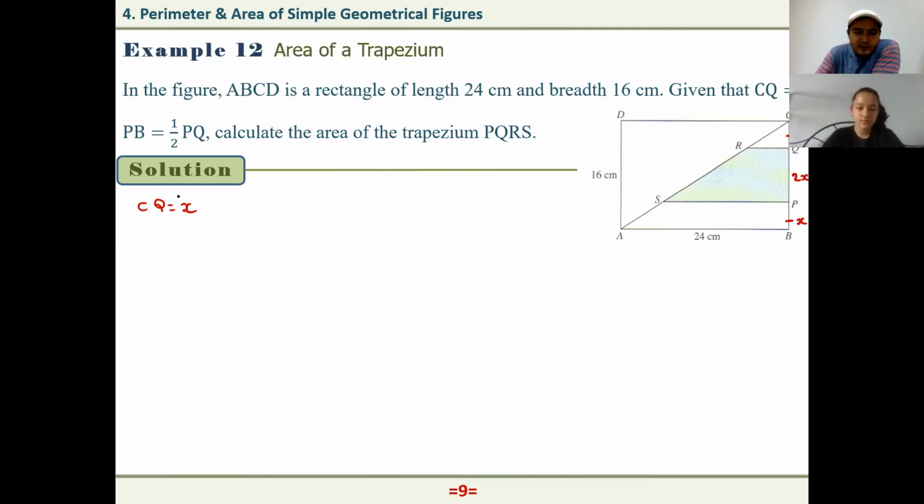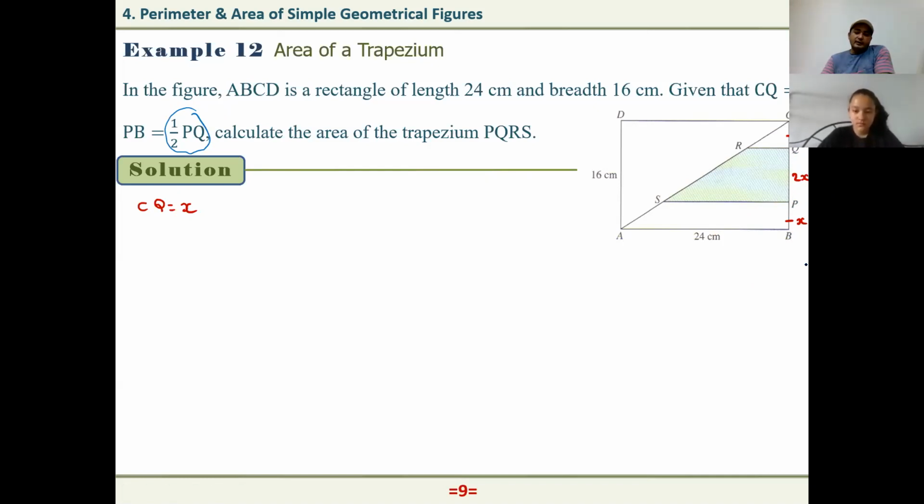That's why I'm using this X. Suppose that this X is the length of CQ. Since the length of CQ equals PB, the length of PB must also be X. And it says that this length is equal to half of PQ. What does it mean? It means that PQ must be twice longer than this, right? That's why here PQ equals 2X.